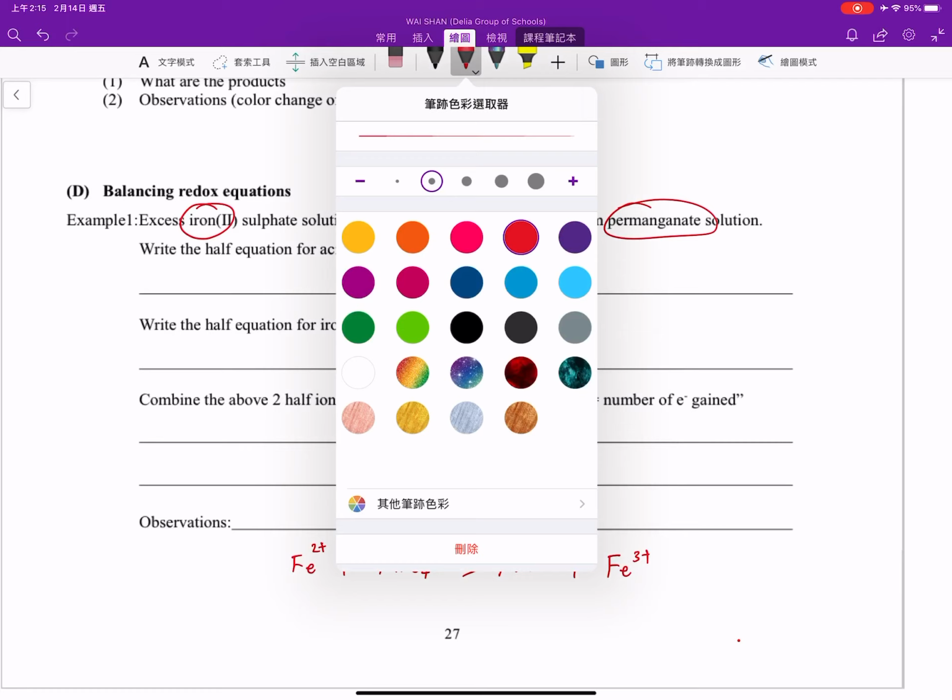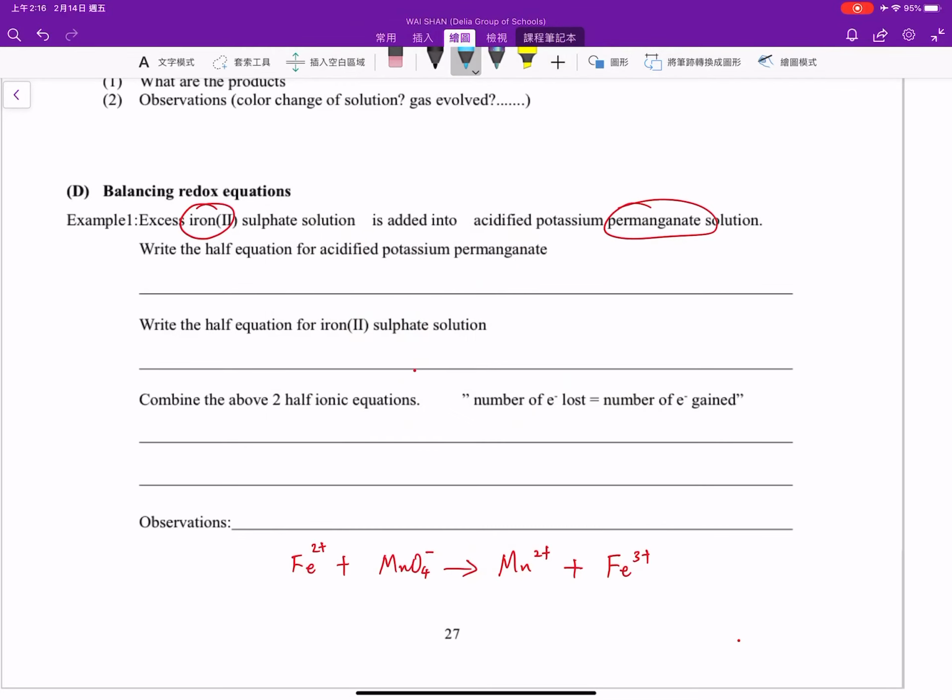Then we will calculate the oxidation number. The oxidation number of iron here is +2, here is +3. The oxidation number of manganese here is +7. We calculated in the previous part, and this one is +2.